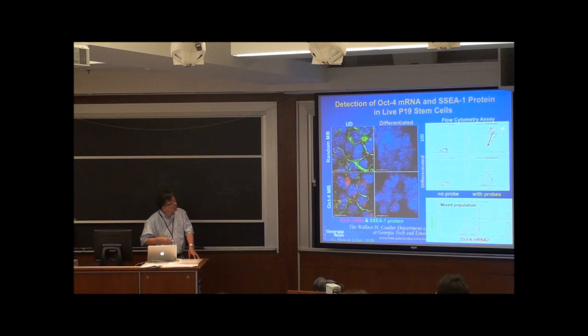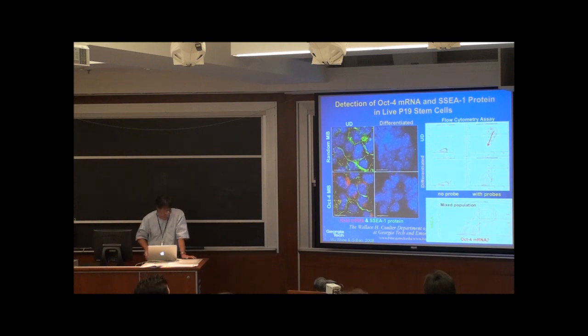Now if you use both probes, the x-axis is the beacon signal and the y-axis is the signal from the dye-labeled antibody targeting SSEA1, then you have very different contours. Those contours are from stem cells, those are from differentiated cells. So using flow cytometry, you can isolate the stem cells because you see large differences between these two populations. Of course, if you mix the two populations, you see mixed contours.